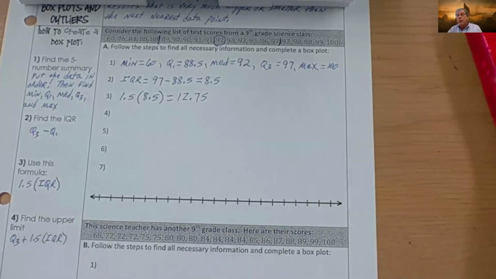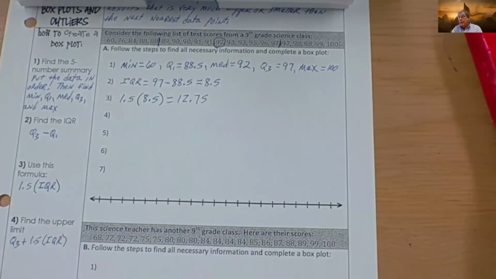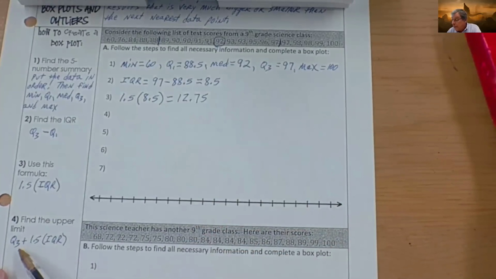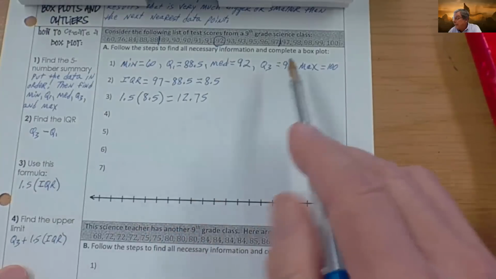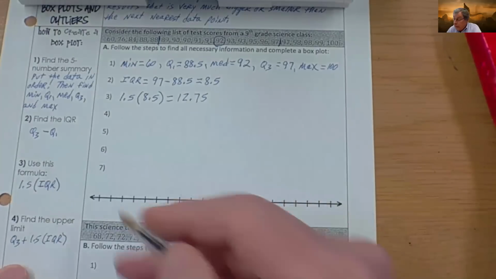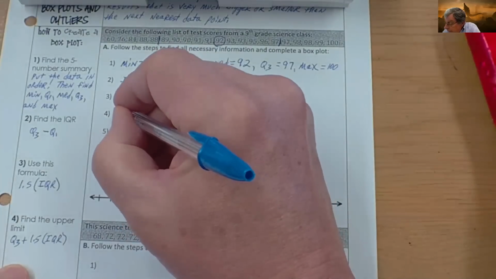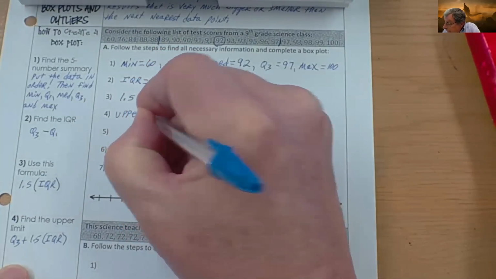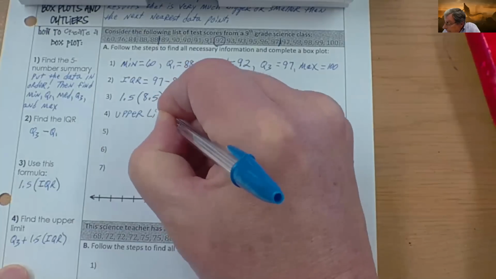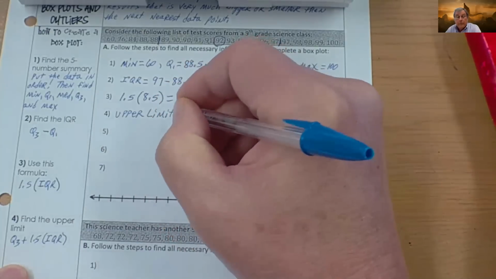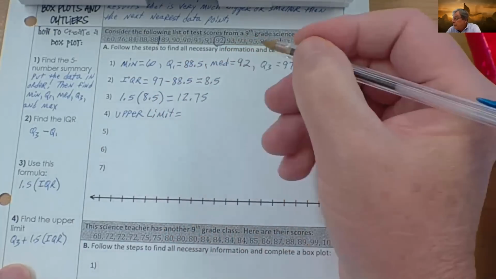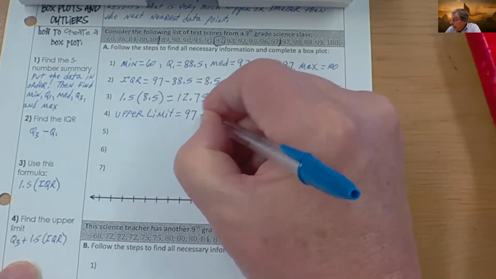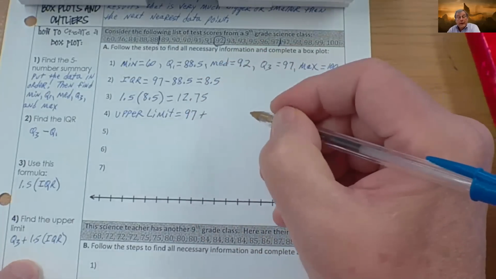The upper limit, of course, if we look at our formula, equals Q3, 97, plus the 1.5 IQRs.